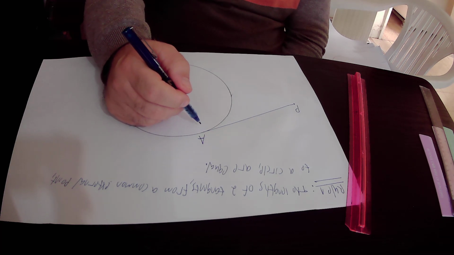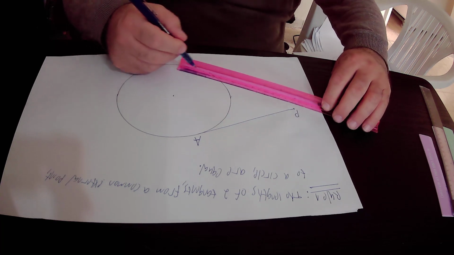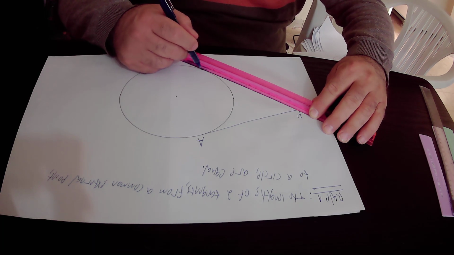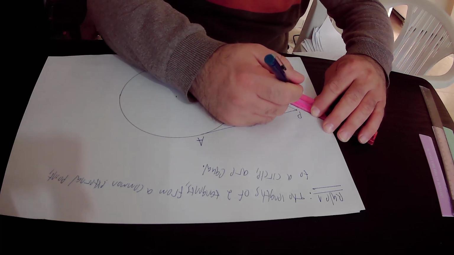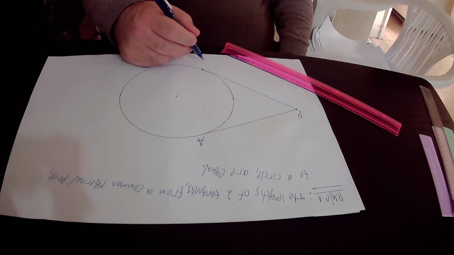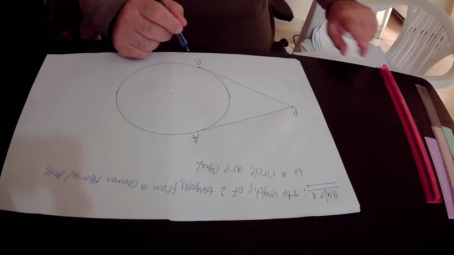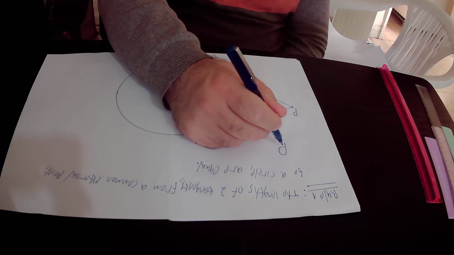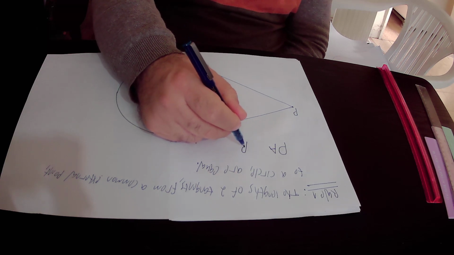and we will also draw another tangent to this circle, this is the second tangent, and we'll define the point of tangency of the second tangent with this circle as point B. And according to rule number 1, the length of the first tangent is PA, and the length of the second tangent is PB.